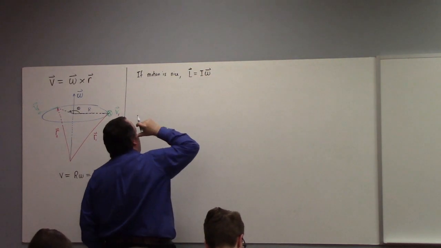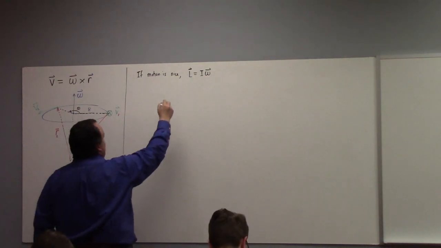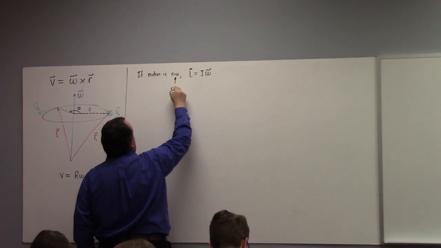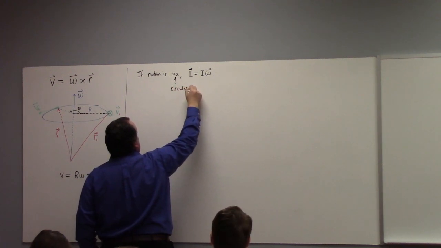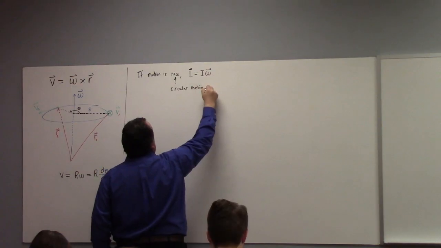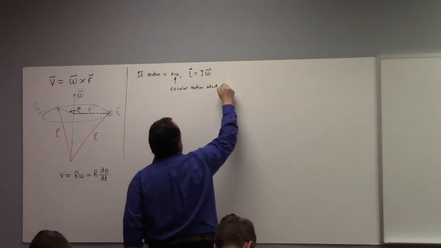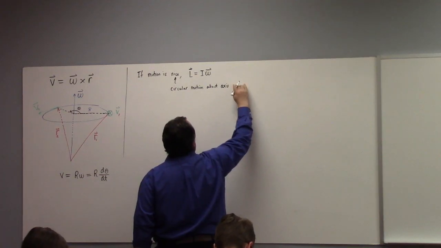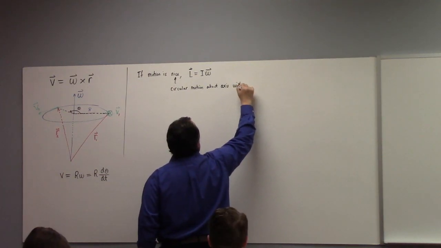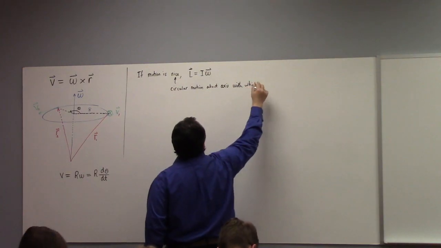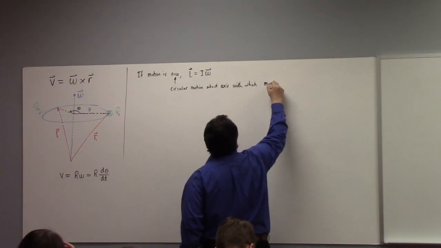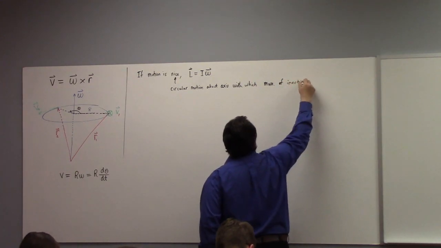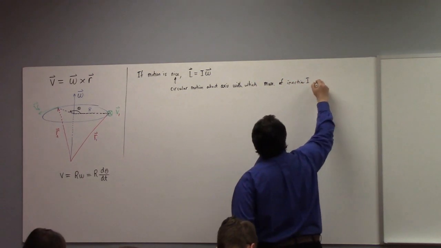By nice here, I just mean that we're talking about circular motion about an axis with which the moment of inertia I is given.